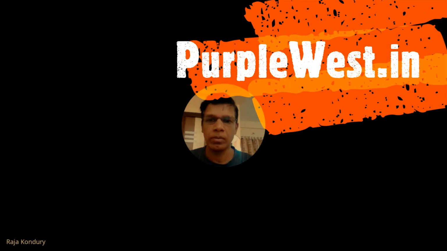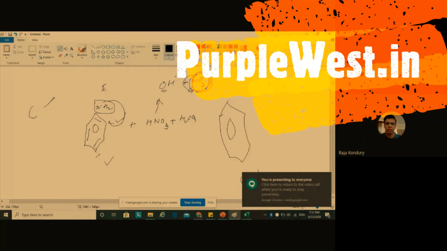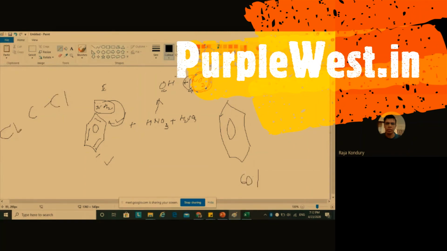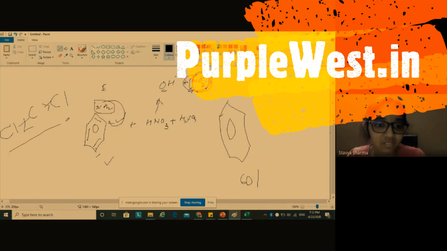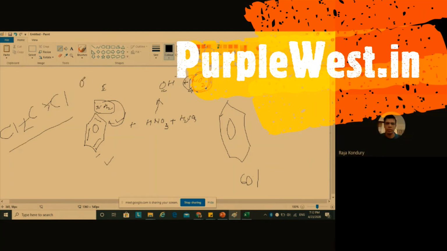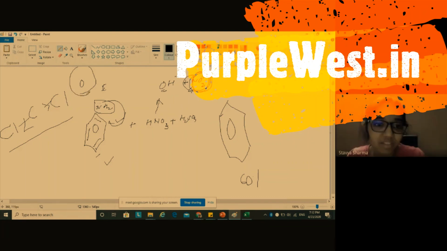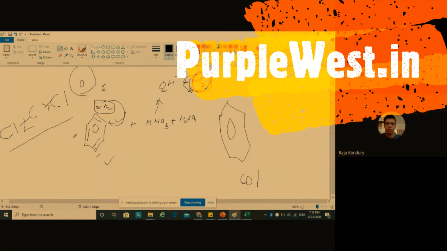If you have polarities in opposite directions, the polarity will get counterbalanced, and the molecule will have neutral charge. Molecules in organic chemistry with neutral charge are more stable.